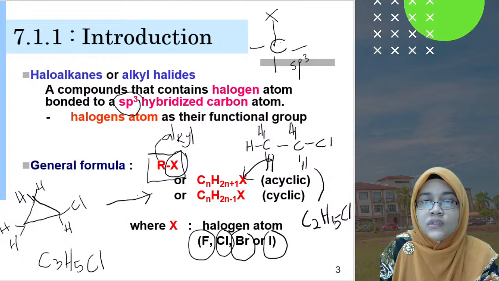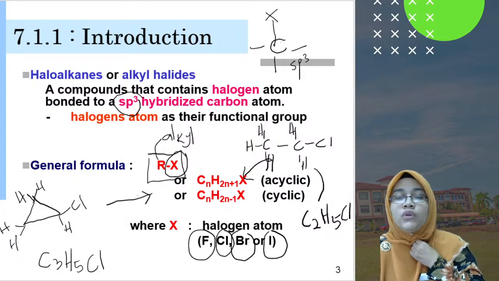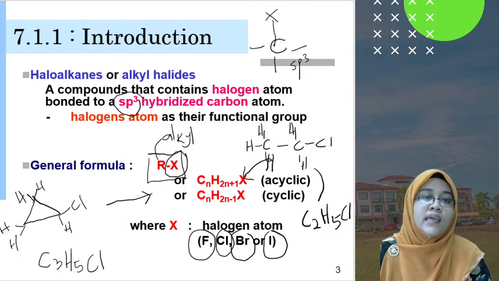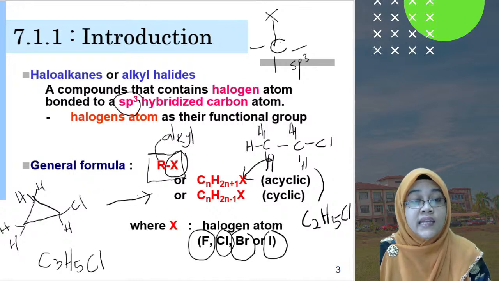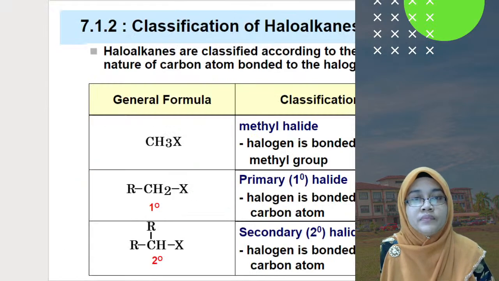Alright, so this is CnH2n+1X, but this one is CnH2n-1X. So this is the difference between a cyclic haloalkane and an acyclic haloalkane. Okay, acyclic means the very normal haloalkane.